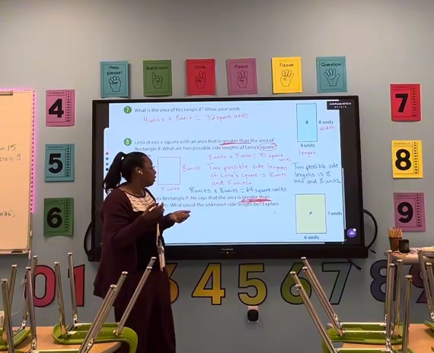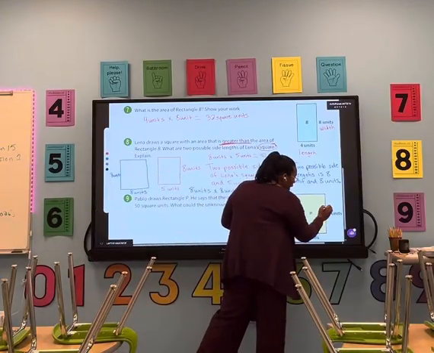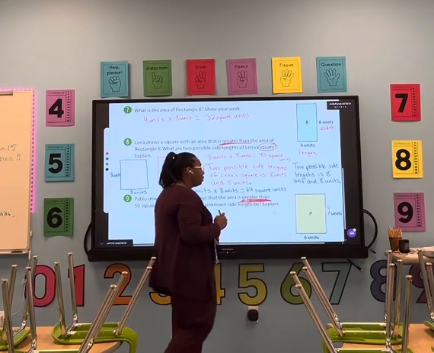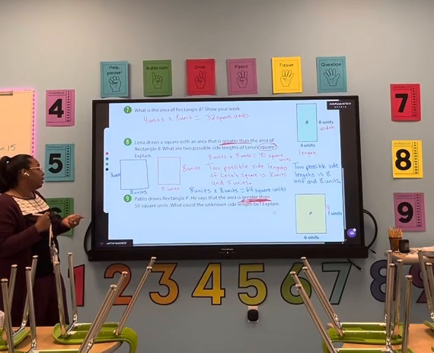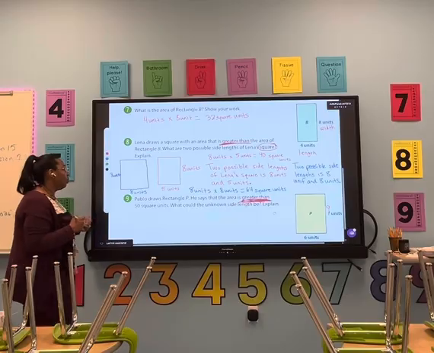Ms. Newman is going to go with number 9. So I'm going to put 9 units here because I know that would give me that number. So it says, what could the unknown side length be?